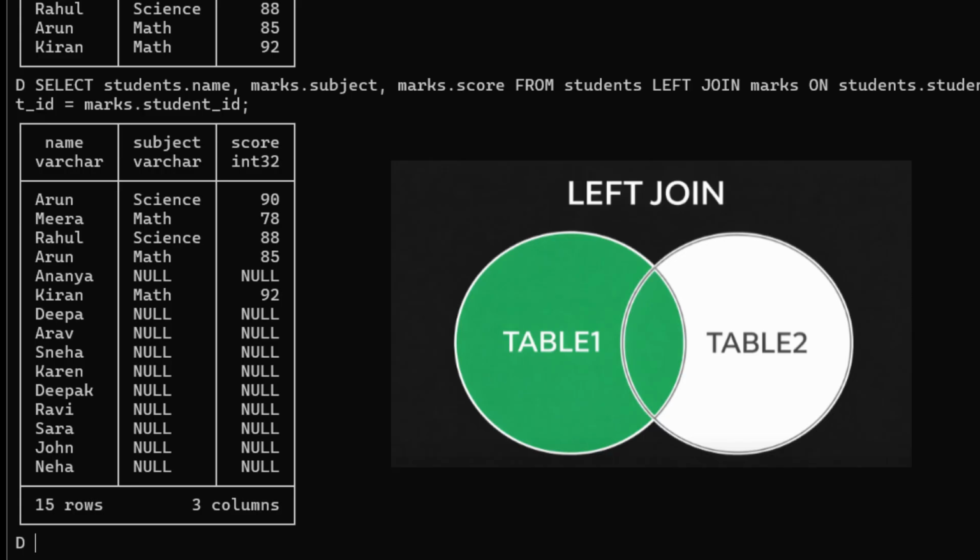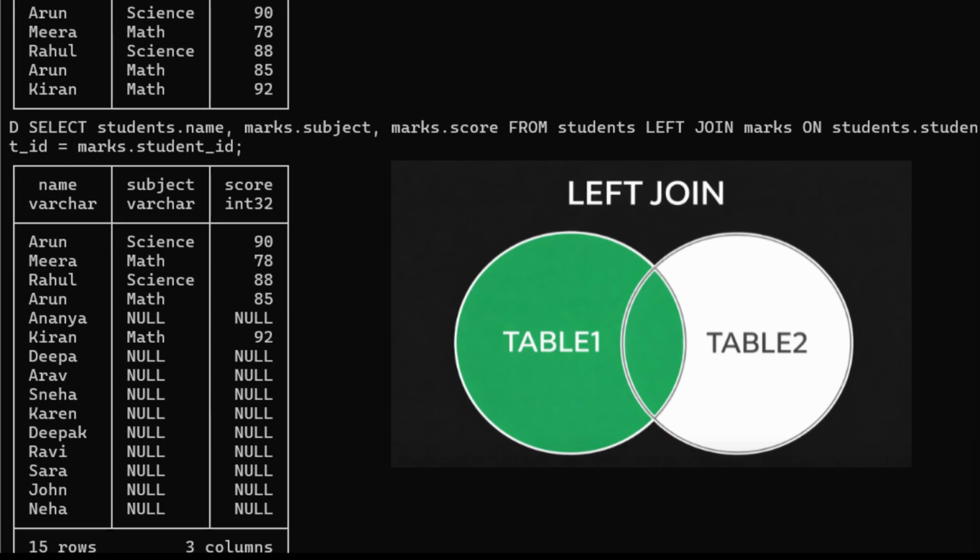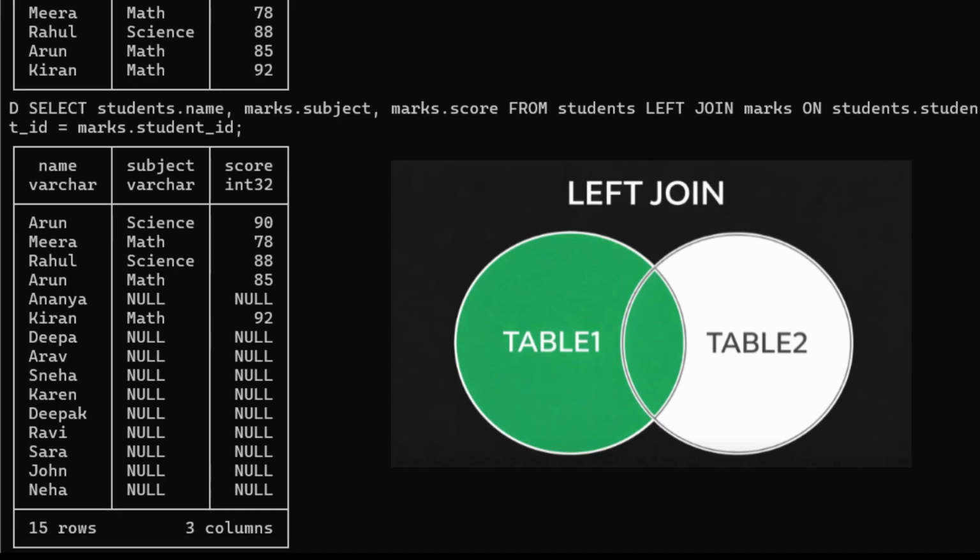For inner join, we only fetch the rows that match in both tables. When it comes to the left join, it returns all the rows from the left table plus the matching rows from the right table.